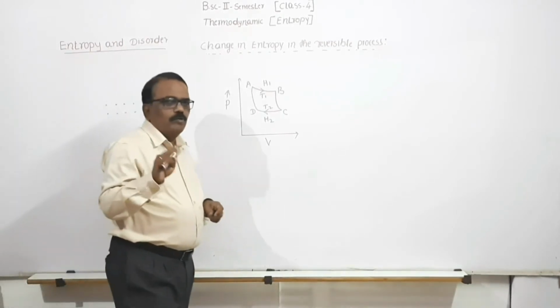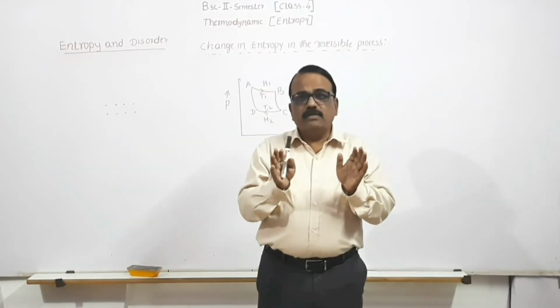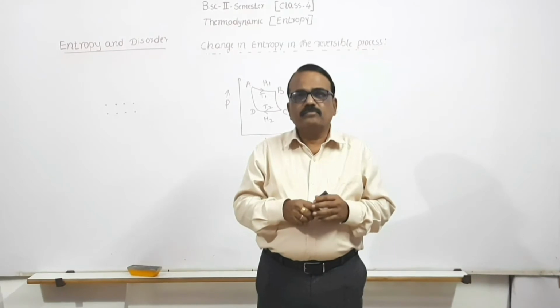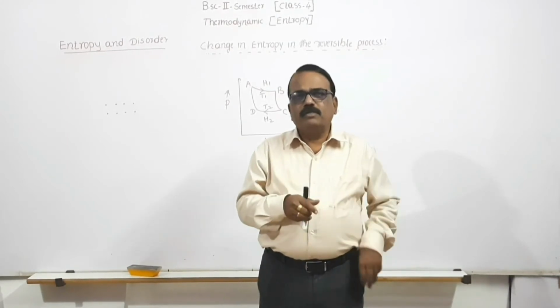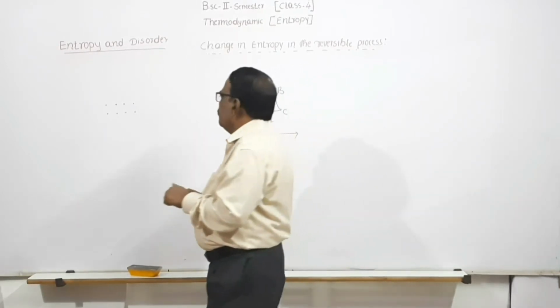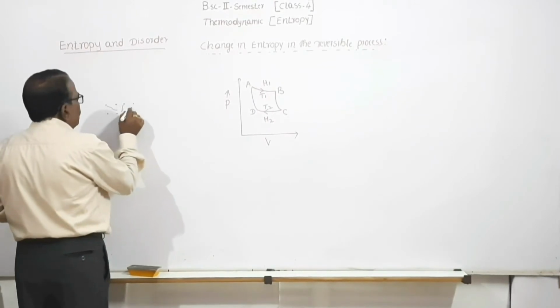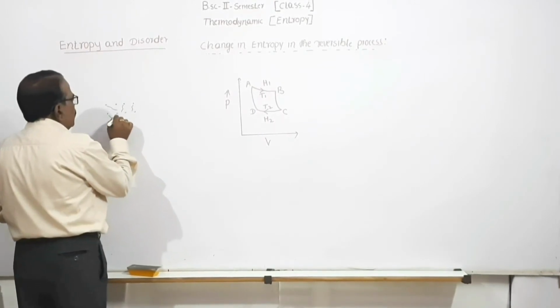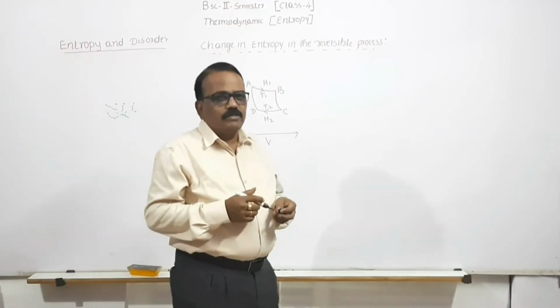Molecules are not in motion and they are arranged orderly. If you go on increasing the temperature by giving heat to the system, then slowly they start moving in different directions, as we have studied in the kinetic theory of gases.